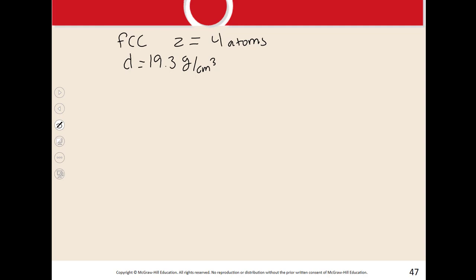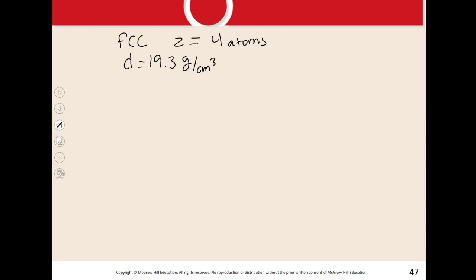Now, in our density, we have the idea of mass there, grams. So what might be helpful to know about for gold? Atomic mass. So looking at the periodic table, gold, Au, what is its atomic mass? 196.96. Let me see what your textbook used.